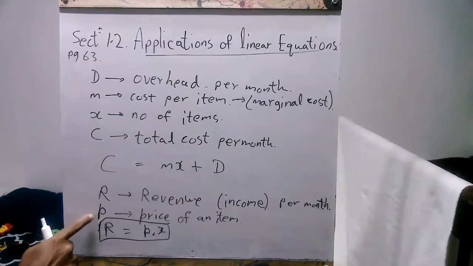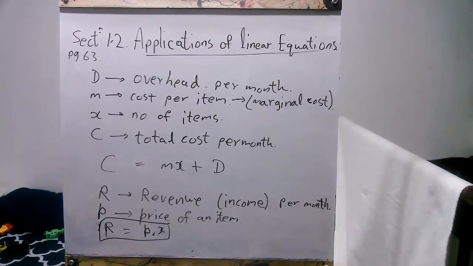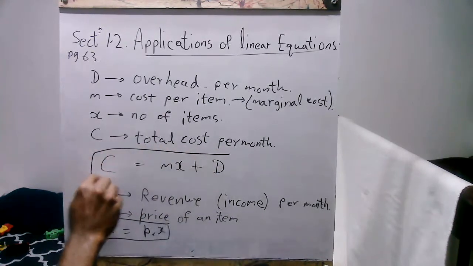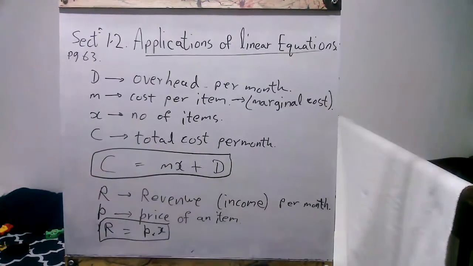I write simple p like this. We need to have another P, that is for the profit. I use capital P for the profit.